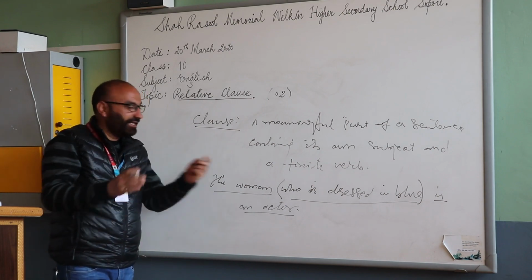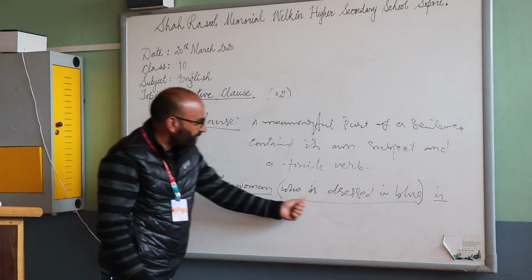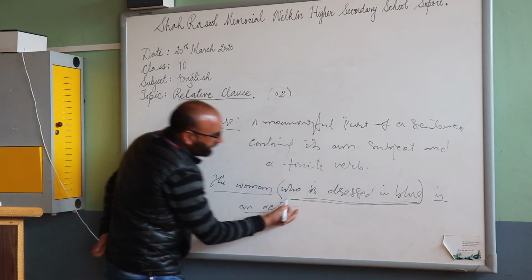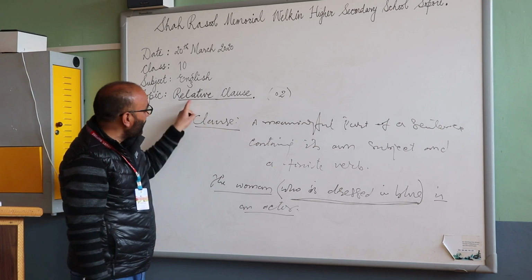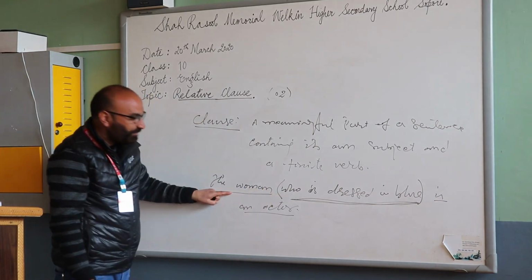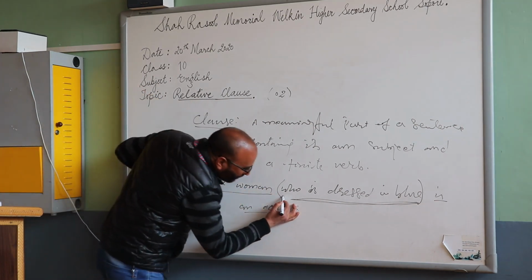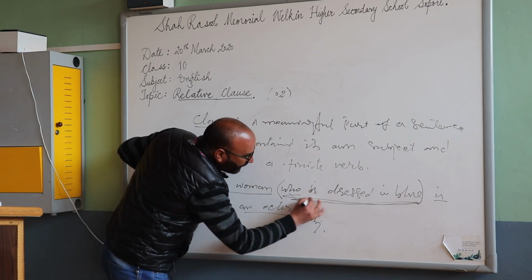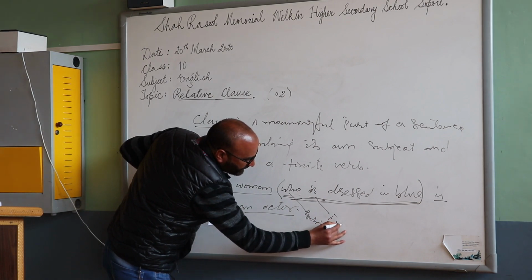When it comes to a longer sentence, we have the woman who is dressed in blue. This underlined part of the sentence is called a relative clause because it explains the woman with the help of a subject in the form of who and a finite verb, that is.